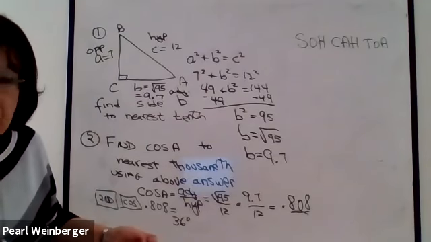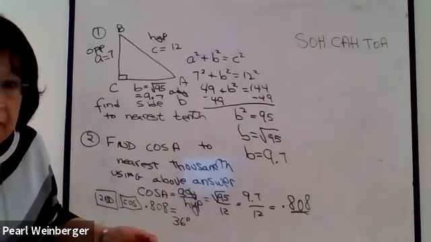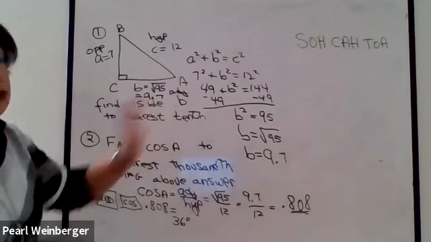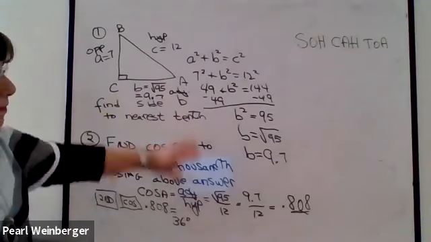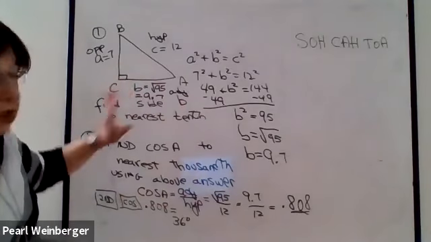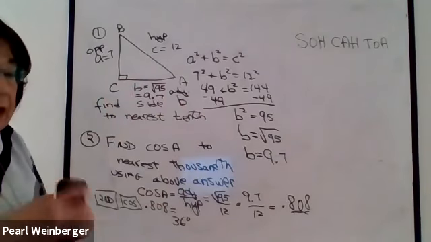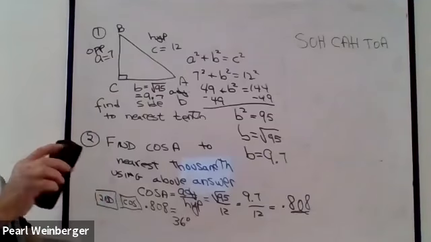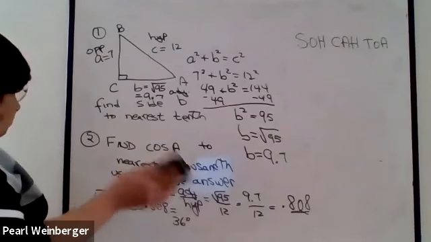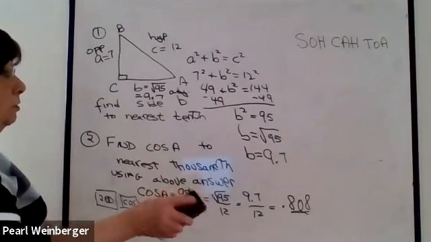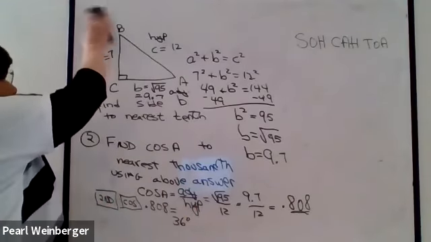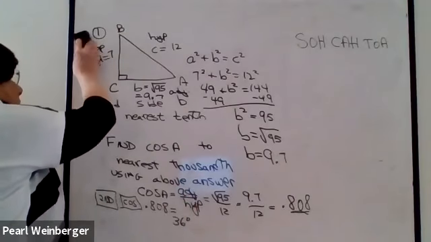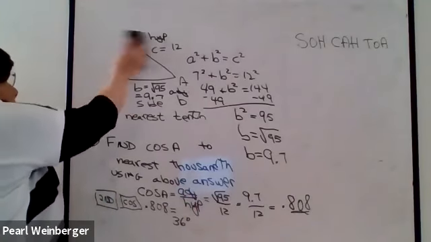If you're going on in math, you'll be going on to pre-calculus, and there's a lot of trigonometry in pre-calculus. So we just touched the tip of the iceberg, so to speak. I'm going to give you another problem to try while I'm taking attendance, and then we'll go a little further on this.